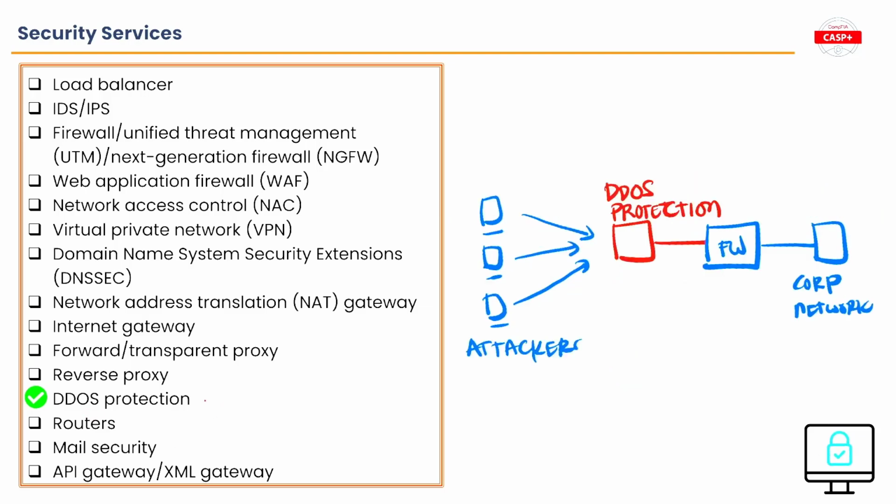Next is DDoS protection. If a company is targeted by DDoS, or distributed denial of service attacks, the consequences can be disastrous, with costly outages and dissatisfied customers. Targeted organizations have been subjected to attacks with traffic quantities exceeding 1.5 to 2.5 Tbps.